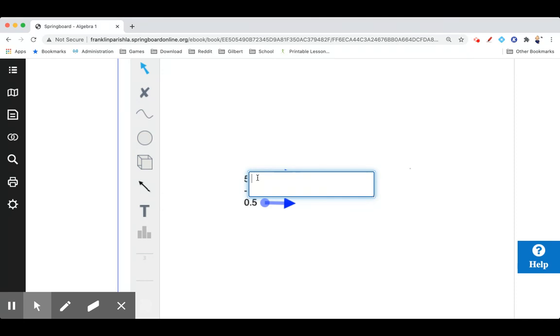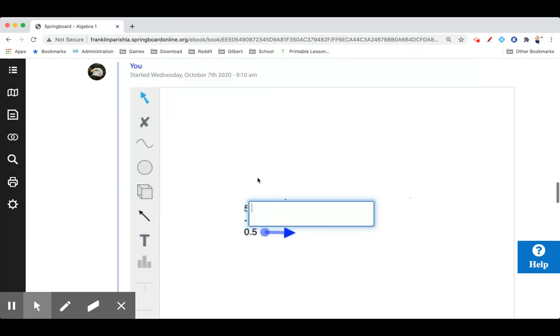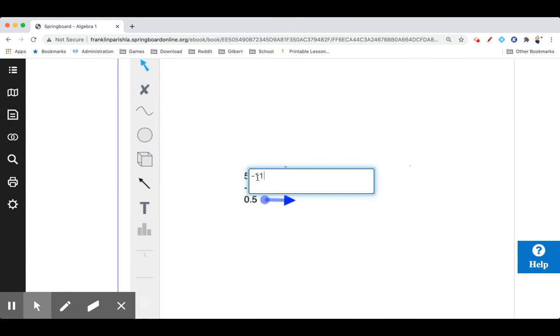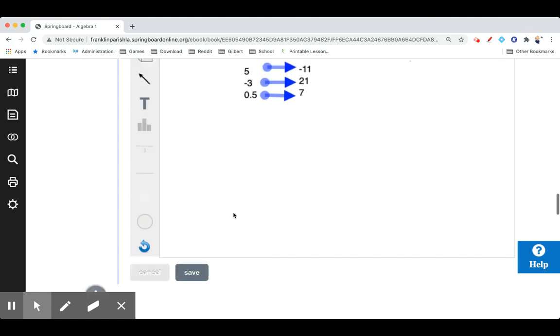Let's see. Negative 11, 21, and 7. All right, there we go. Mapped. Negative 5 goes to negative 11, negative 3 goes to 21, 0.5 goes to 7.